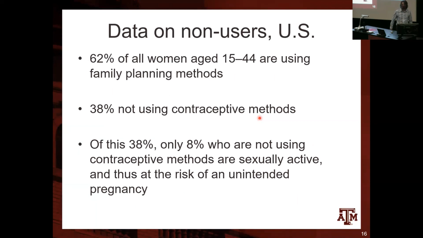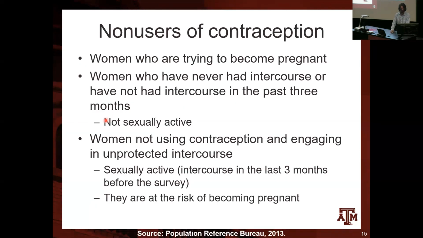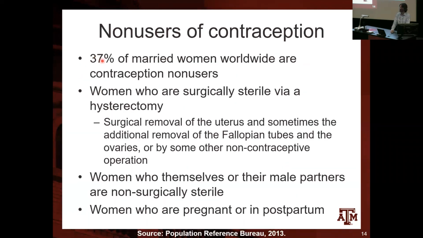What about in the US? What is the data on non-users? It's almost similar to the overall data for the world. 62% of all women aged 15 to 44 are using family planning methods in the US, and 38% are not using any contraceptive method. So 38% in the US, and we saw 37% in the world.